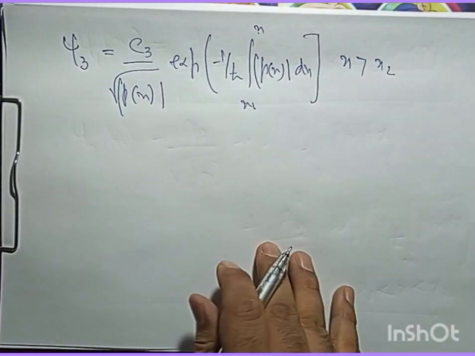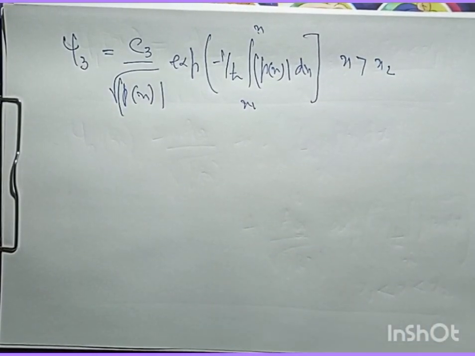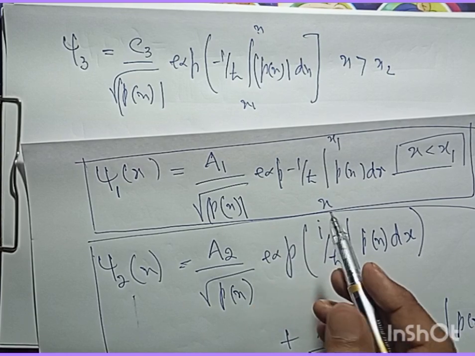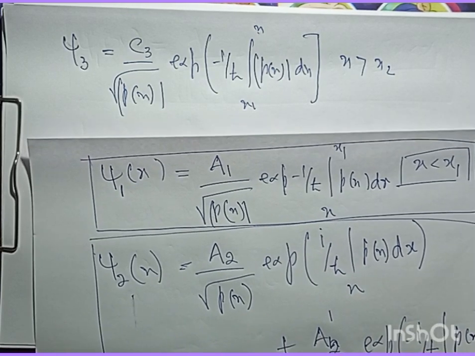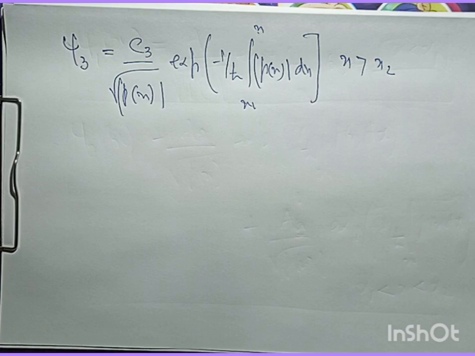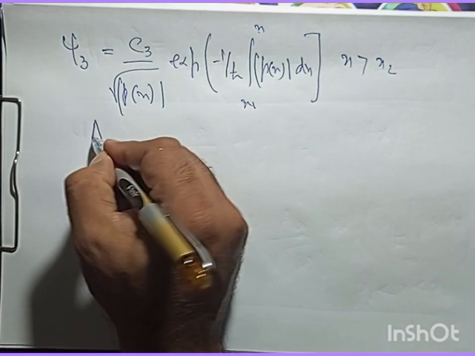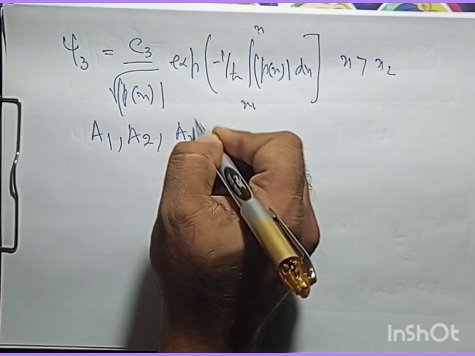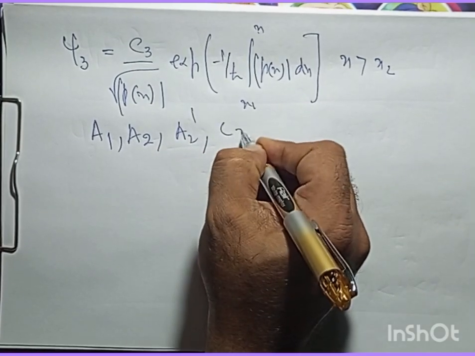That's it. What we have here in all three equations is that we have introduced some constants, a1, a2, a2 dash, and c3.